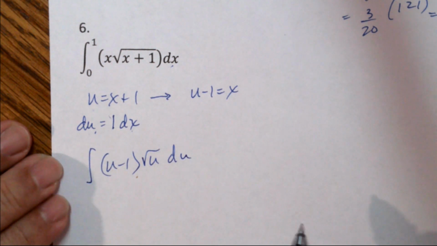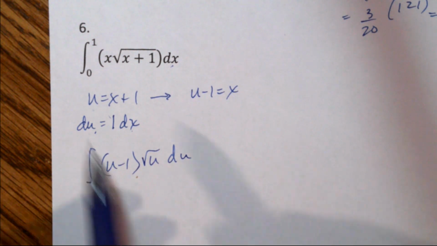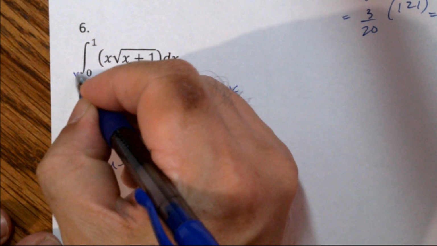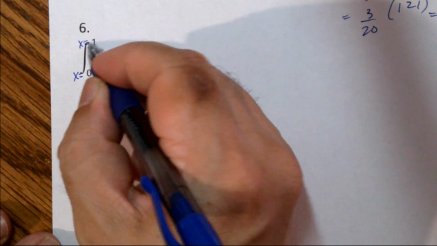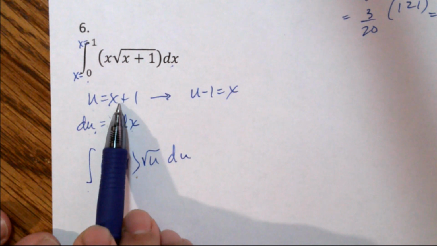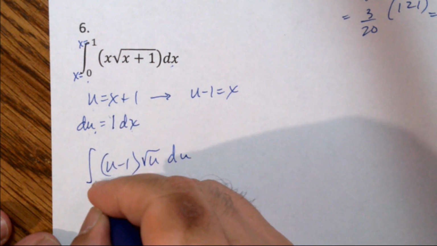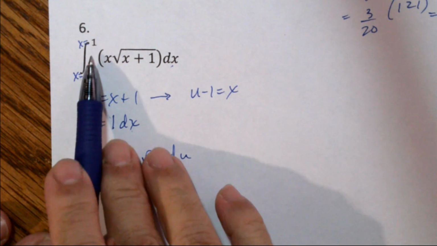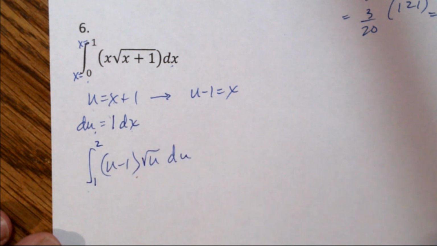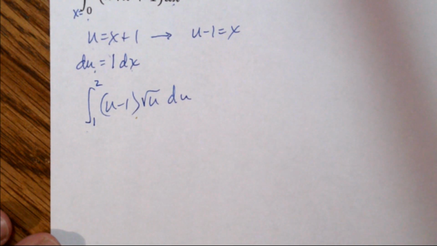Now, because I changed variables and I have numbers, I can change the numbers too. Right now, this is x equals 0 to x equals 1. So basically, I'm going to plug in 0 for x. 0 plus 1 is 1. So u equals 1. I'm going to replace the x with 1. 1 plus 1 is 2. So that means u is 2.